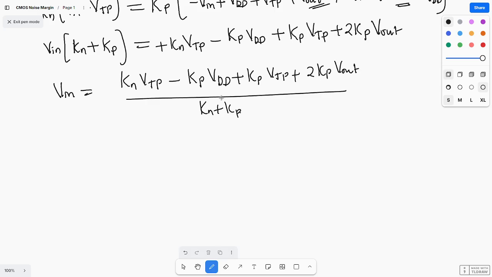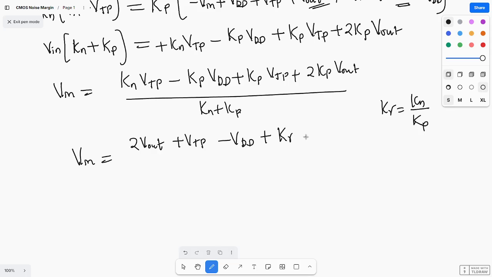So if you take kp common in numerator and denominator and substitute kr equal to kn by kp, what equation you will get: Vn equals 2V out plus Vtp minus VDD plus kn by kp, which I considered kr, kr into Vtn, divided by 1 plus kr.